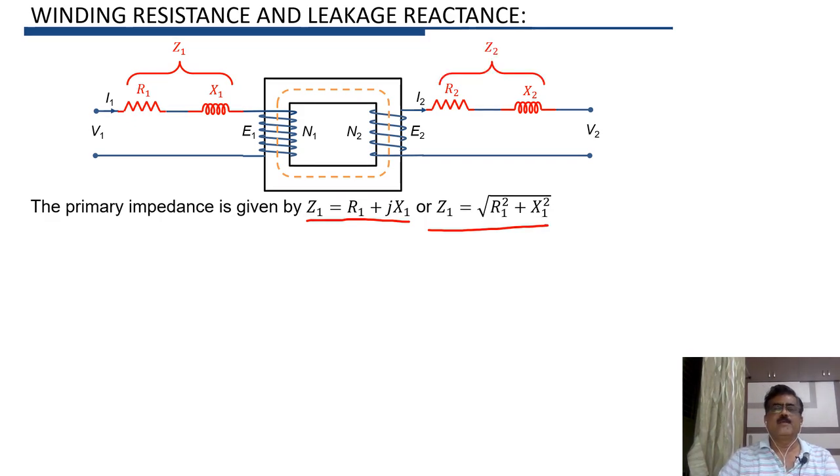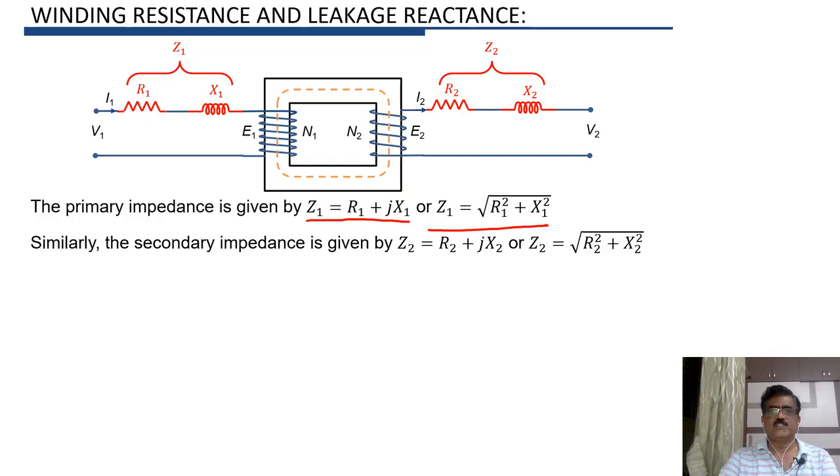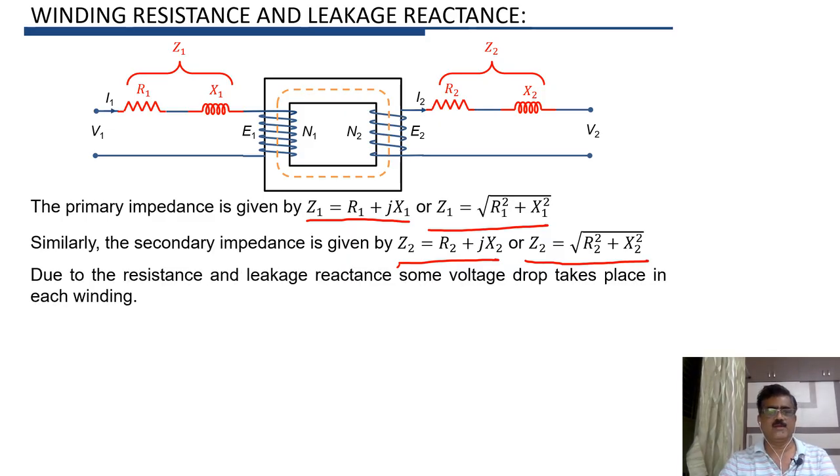Similarly, impedance of secondary can be denoted by Z2, and Z2 is equal to R2 plus jX2, or the magnitude of Z2 is under root R2 square plus X2 square.